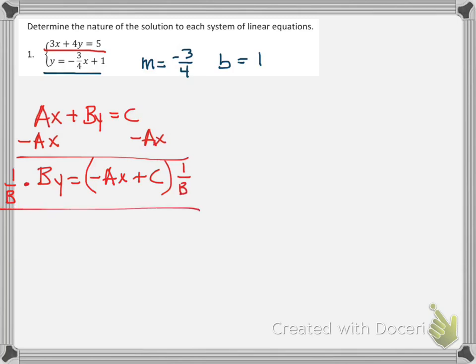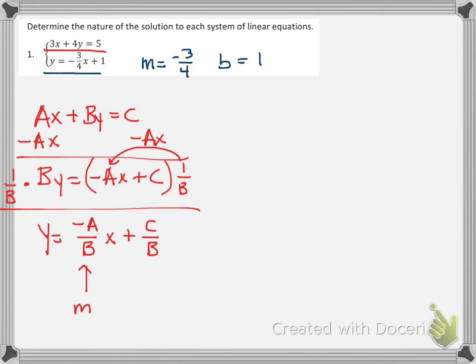When that happens, we get y equals negative a over b x, that's distributing the 1 over b, and then plus 1 over b times c, which is c over b. So now I can see that my slope is a negative a value over a positive b value.